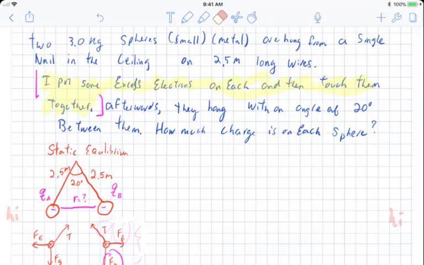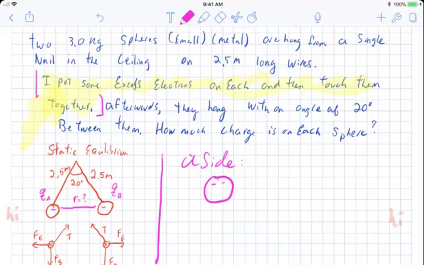But before we start, let's talk about what this whole sentence I just highlighted is talking about. Okay? If you have metal objects, this one doesn't have very many electrons on it.